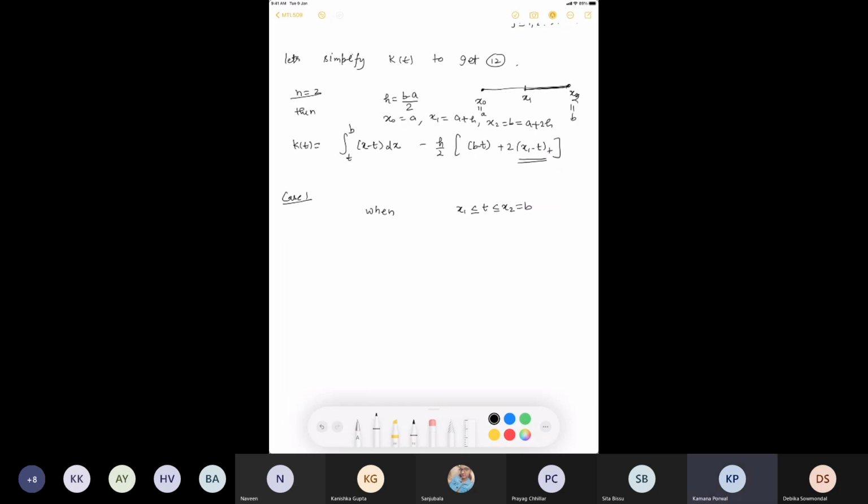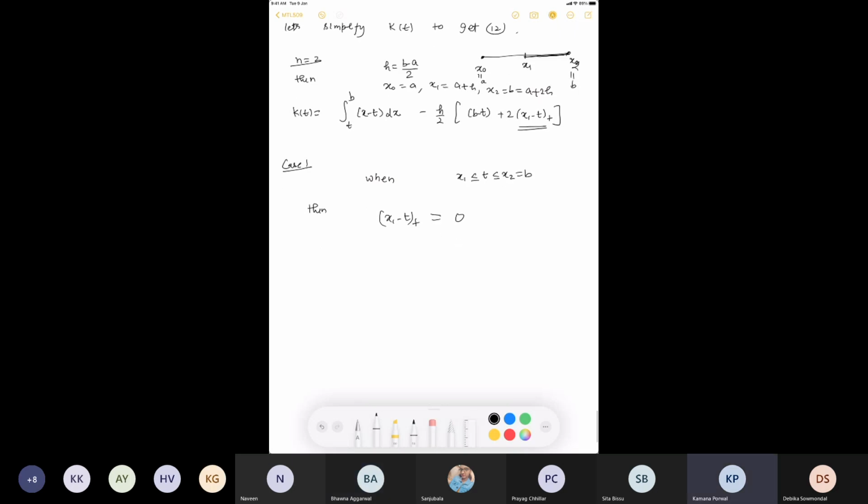So what will happen to the quantity, the positive part of x1 minus t? This is going to be 0.